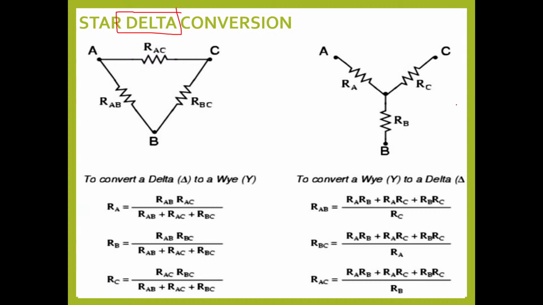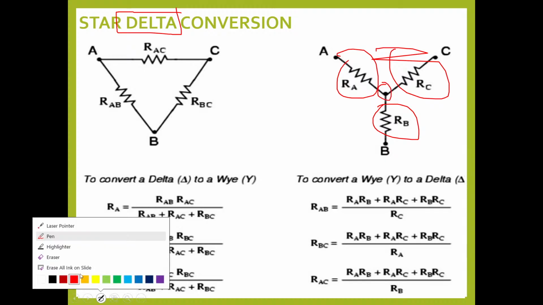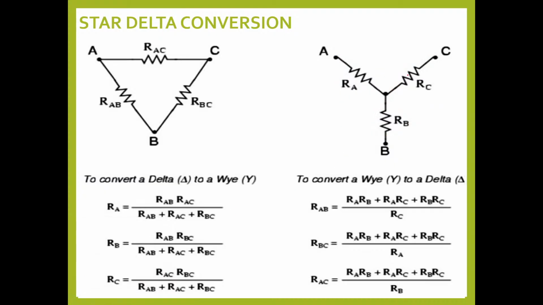Okay, and if three resistors are there, only one end of these three resistors is connected to a common terminal, that is known as star connection. So this common terminal, you can even call it a node or a junction, the meeting point of all these resistors.